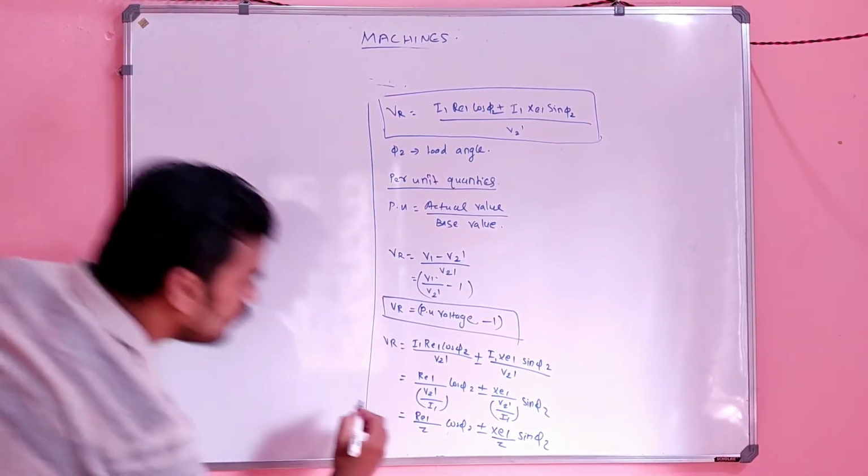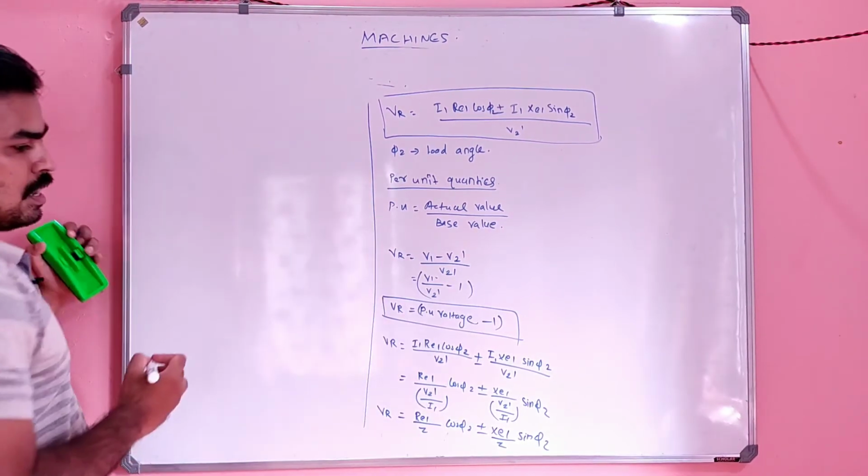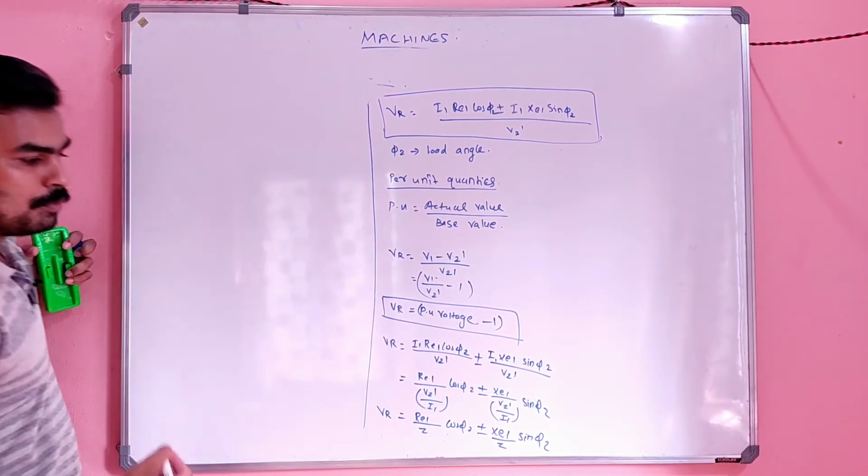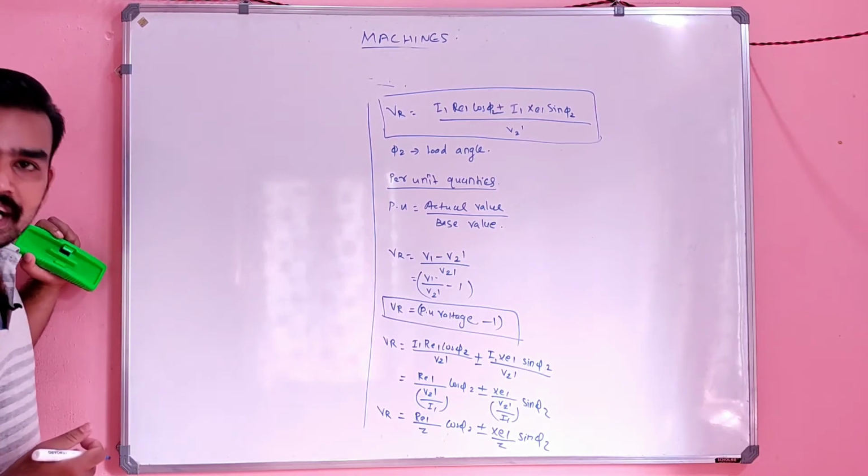So we have VR is equal to what, my dears? RE1 by Z cos phi 2 plus or minus XE1 by Z sin phi 2.